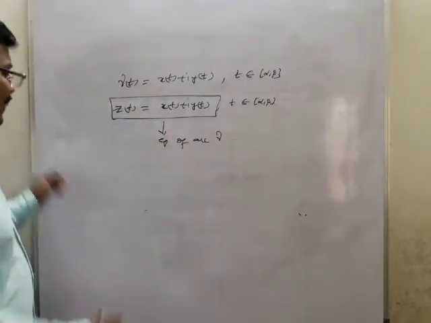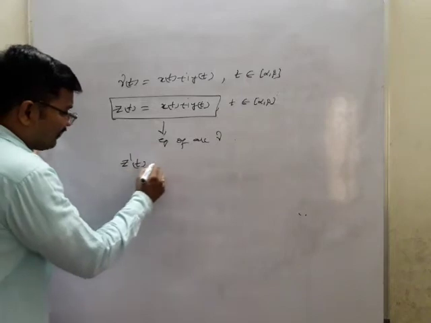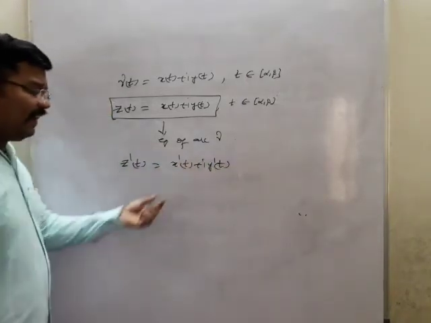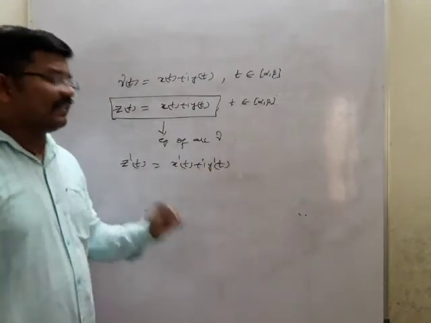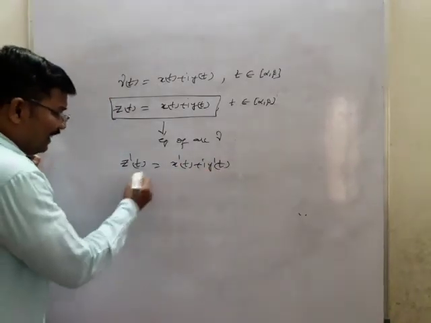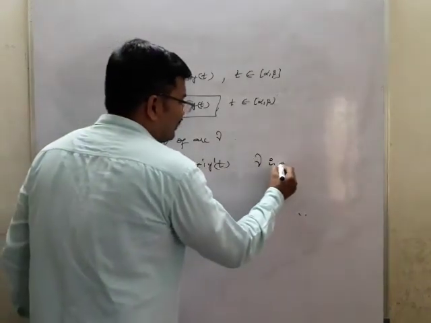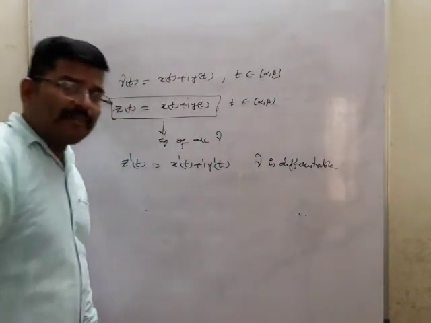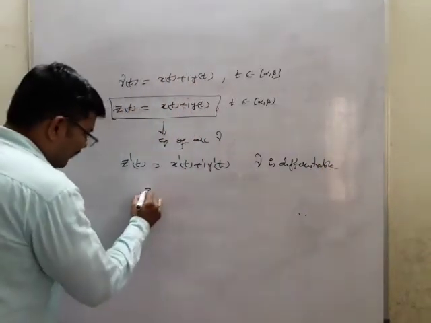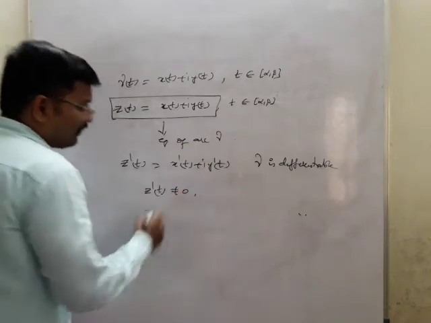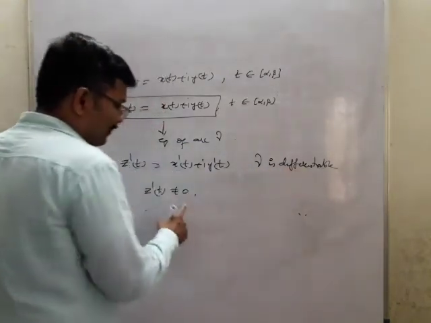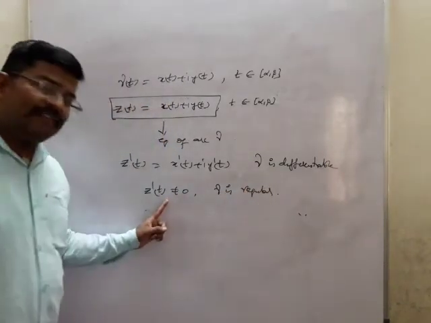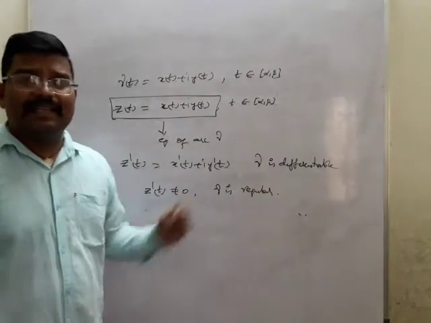Okay, and z dash of t exists. z dash of t is equal to x dash of t plus i y dash of t, where x dash of t and y dash of t should exist. Then we can say that gamma is differentiable. Whenever gamma is differentiable and z dash of t is not equal to 0, then gamma is regular.